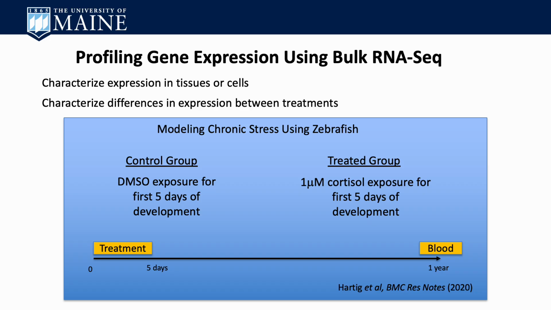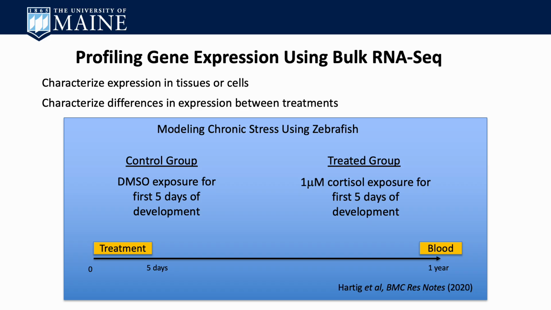And in this box, we're illustrating one of the data sets that are featured in our tutorials. A research group at MDI Biological Laboratory here in Maine had used zebrafish as a way of modeling chronic stress. And they were interested in how exposure to chronic stress during embryonic development may alter the expression of genes in adult animals.